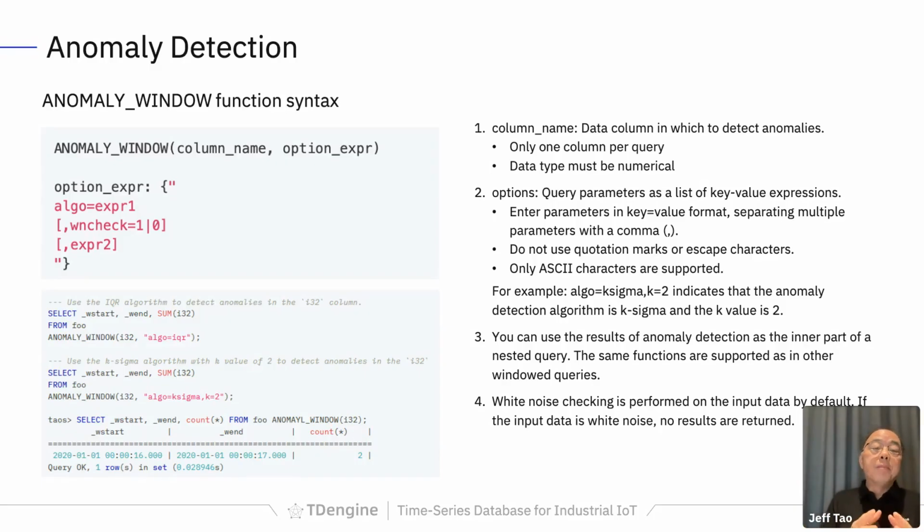For many windows, you need to specify the rules. But for anomaly detection from AI, you don't need to specify rules. For example, for the event window, you need to specify a threshold, like for my voltage or my temperature.